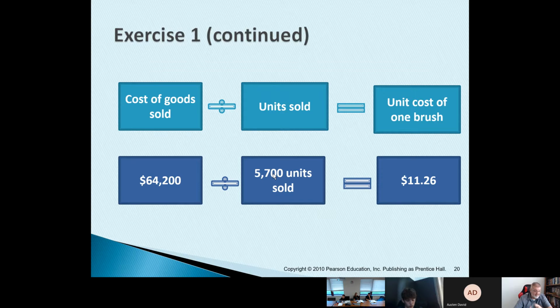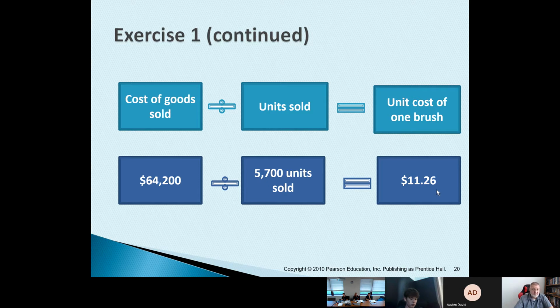We don't know that until right now, but in your story problem in your book, it would have said we sold 5,700 brushes. You need to calculate how much did it cost us to sell one brush. Well, if our cost of goods sold was $64,200, and you divide it by 5,700 brushes that we sold, it cost us $11.26 per brush.